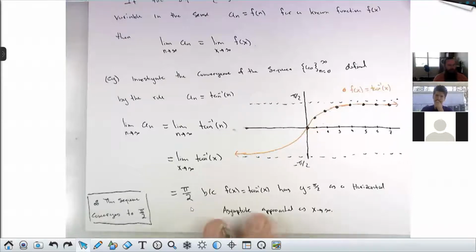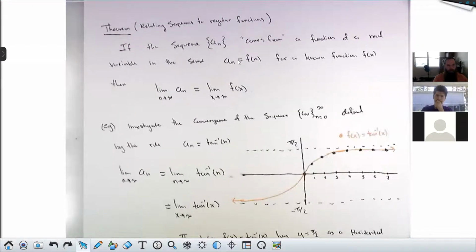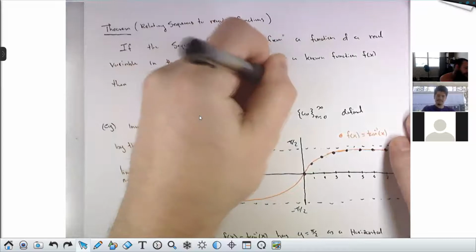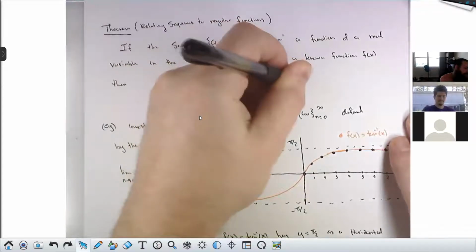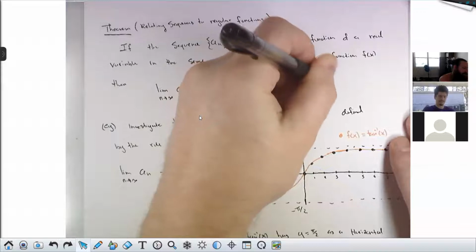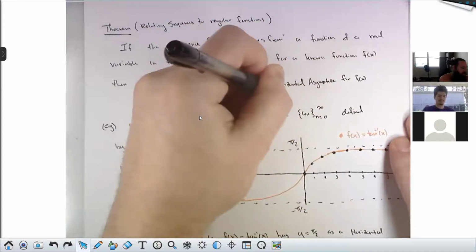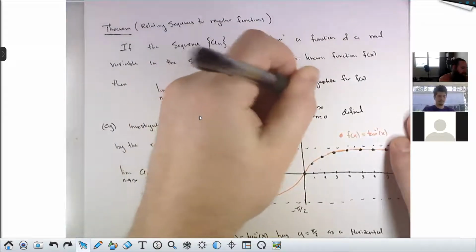So again, what this theorem is saying is that if your sequence comes from a continuous variable function, like a regular function that we're used to dealing with, like f of x equals some function we worked with in the past, if you can find the horizontal asymptote for that function, that's equivalent to finding the limit of the sequence. This thing up here, you could say, is equal to the horizontal asymptote for f of x as x goes to positive infinity.